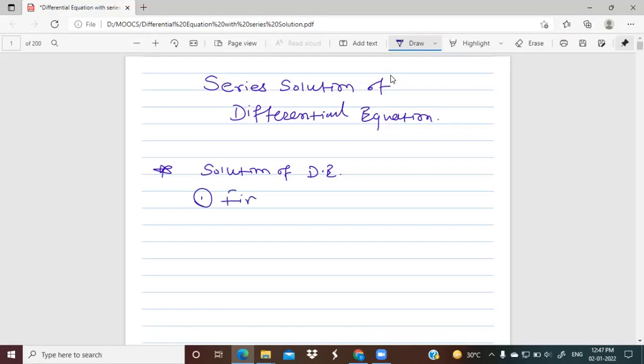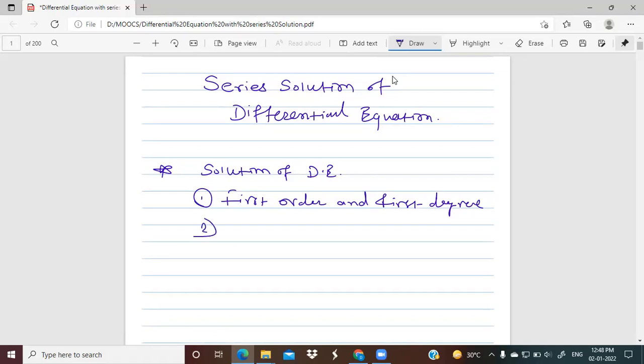There are several methods for first order and first degree equations: variable separable, exactness, and if it is not exact, then we have to find an integrating factor.